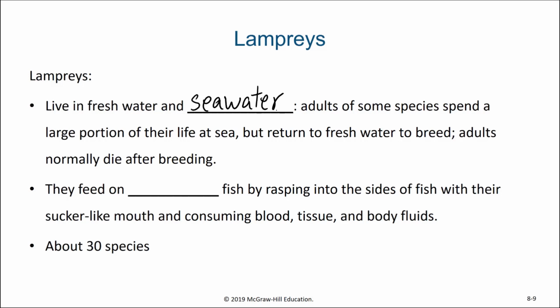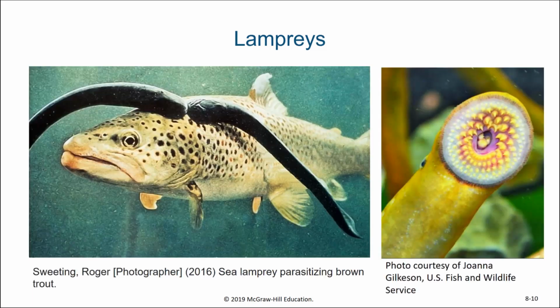Instead of the hagfish, which feed on dead and dying organisms, the lampreys feed on the living. They are parasites, and they rasp onto the sides of fish with their sucker-like mouths, consuming blood, tissue, and body fluids. Really, they're things out of nightmares. They are not pleasant and can end up having a significant impact on the local fish populations in the areas where they frequent.